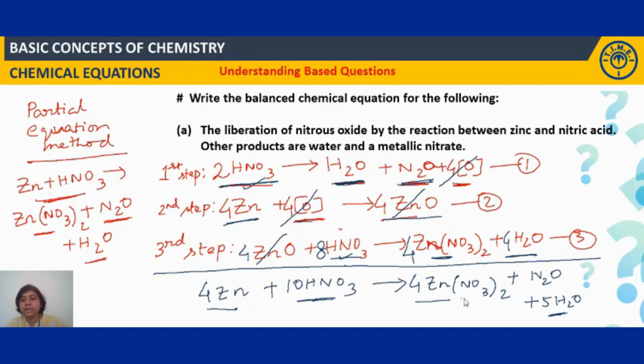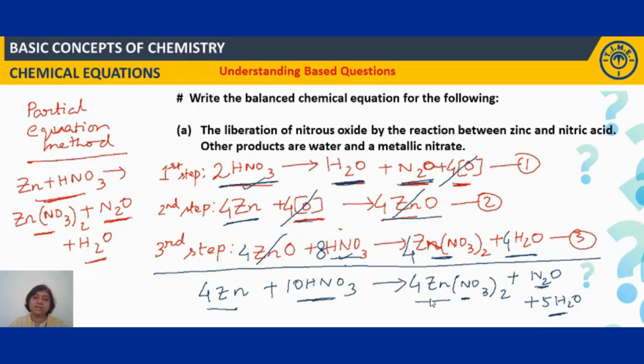Right hand side, in 1 molecule of zinc nitrate there are 2 nitrogen atoms, so 4 molecules, 4 2s are 8 nitrogen atoms, plus 2 here in nitrous oxide. So 8 from zinc nitrate, 2 from nitrous oxide, giving rise to 10 nitrogen atoms. So nitrogen is also balanced.